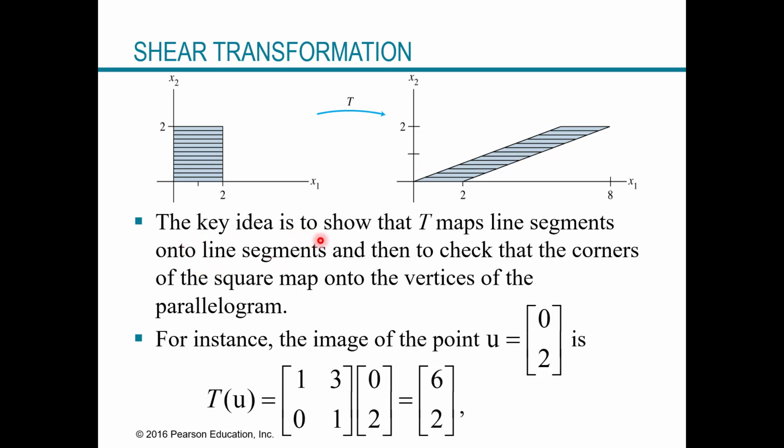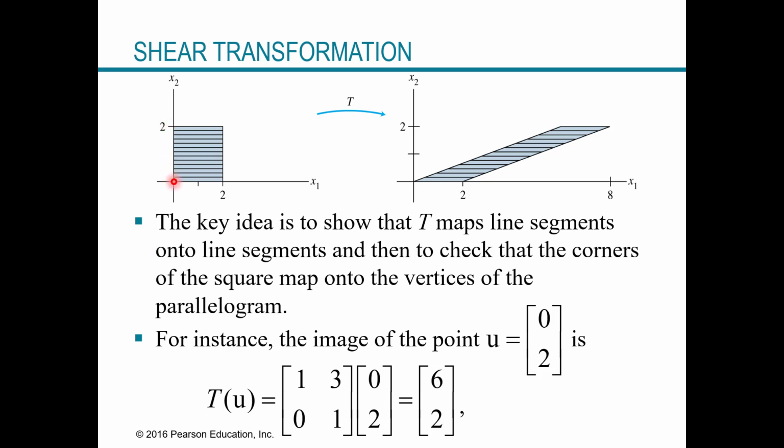So the key idea is to show that T maps line segments onto line segments, and then to check that the corners of the square map onto the vertices of the parallelogram. Okay, so for instance, the image of the point u equals (0, 2). So notice this is the vector, we're calling it u, and it's the vector 0 for x1 and 2 for x2, which is this point right here.